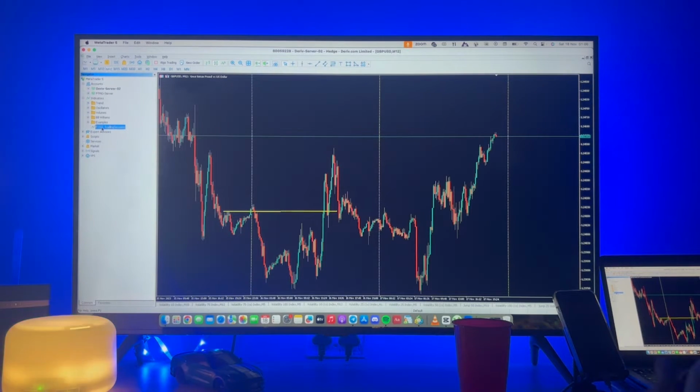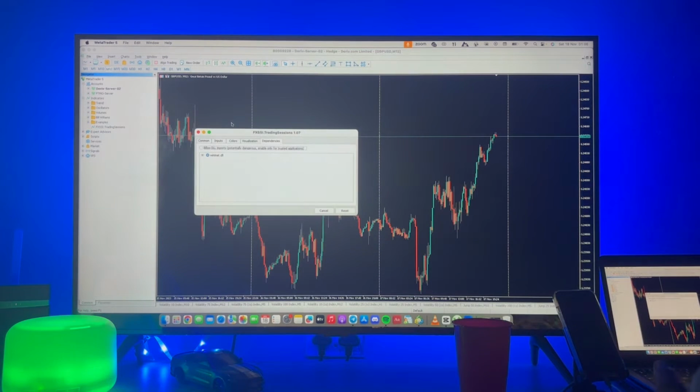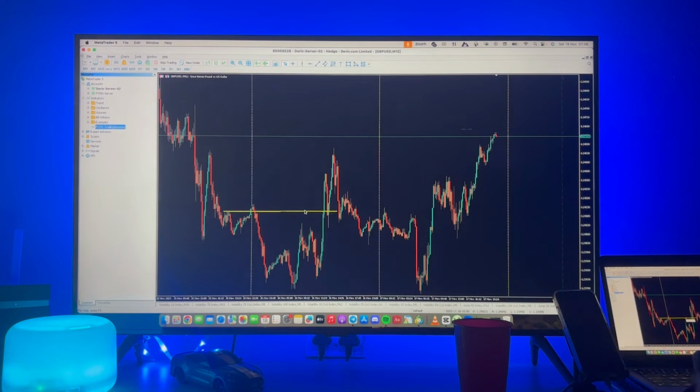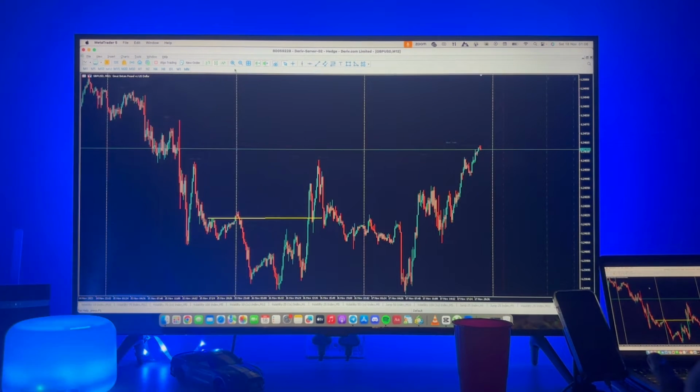So the indicator is called FXSSI trading sessions, right? So basically you just hold in the indicator there and you allow the DLL, and then you click OK, right? So what this indicator is going to show is the clear visual representation of the trading sessions. As you can see here, I don't know if you can see.